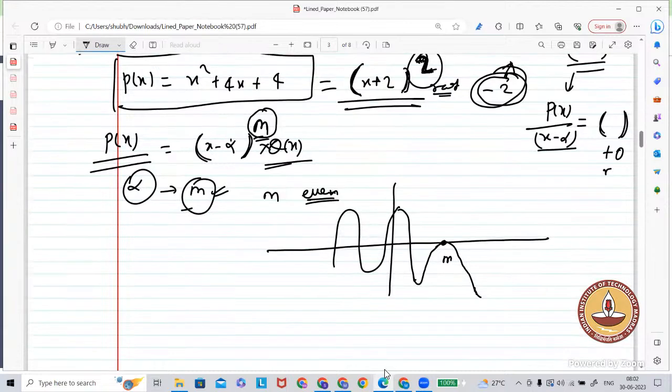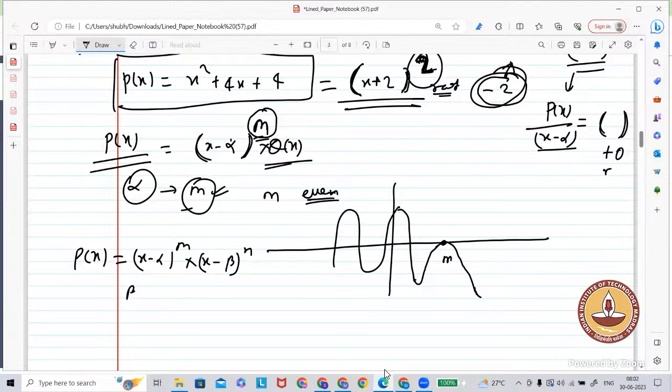So suppose the polynomial is like this: P(x) equals x minus alpha to the power m, and suppose another root beta, so you can write x minus beta, and suppose the multiplicity of beta is, let's say, m.